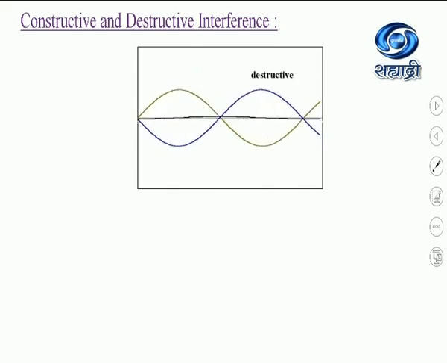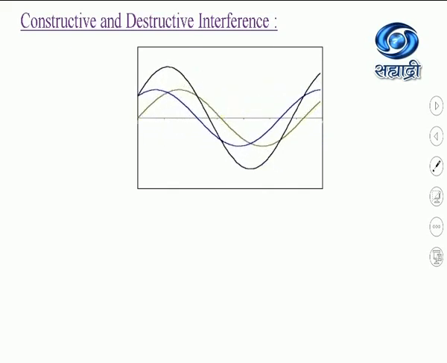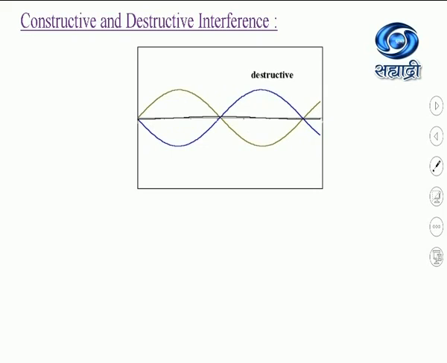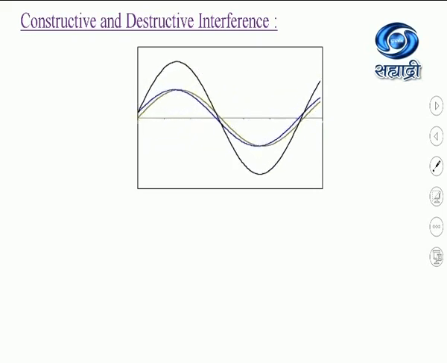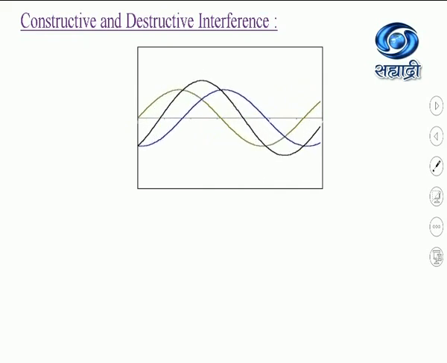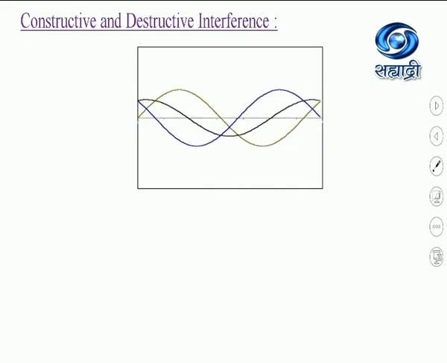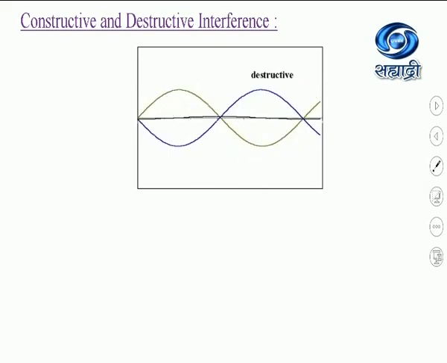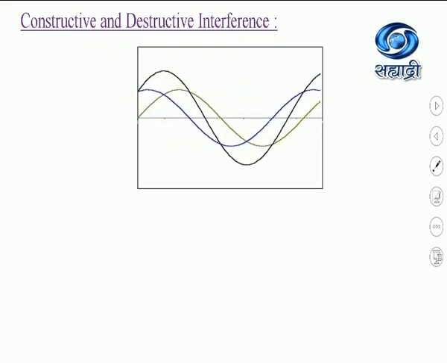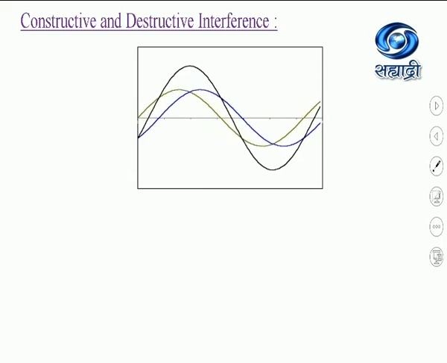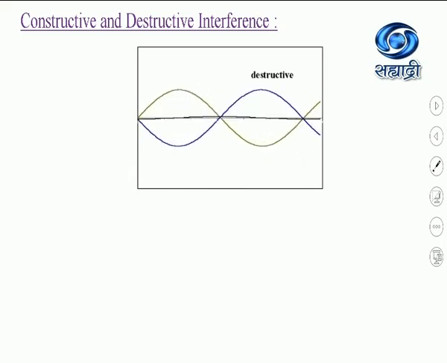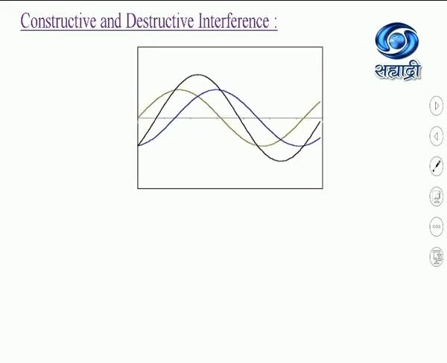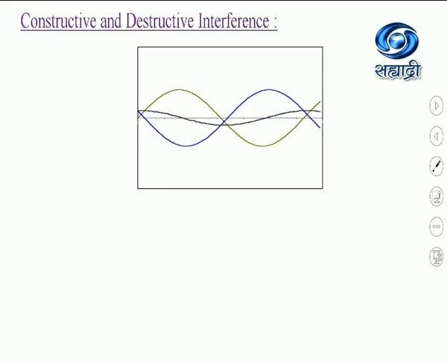So when two waves traveling through the medium arrive at a point and when they overlap, if the crest of one wave overlaps with the crest of the other, or trough of one wave overlaps with the trough of the other, as you can see in this, the resultant displacement at that point is maximum, the resultant amplitude is maximum, and as the intensity of the wave is directly proportional to the square of amplitude, intensity is also maximum.